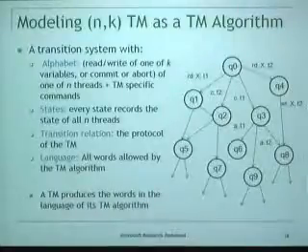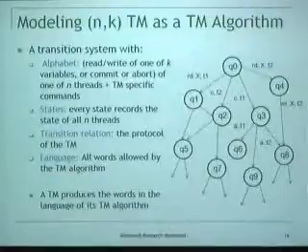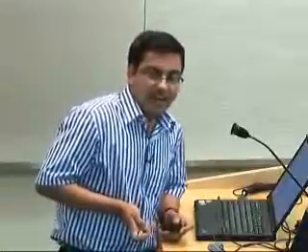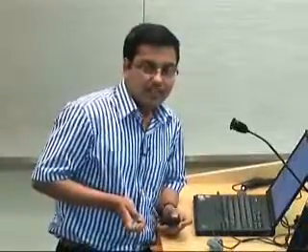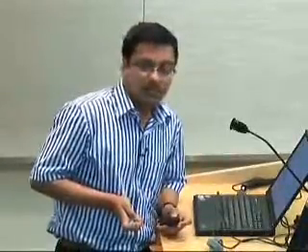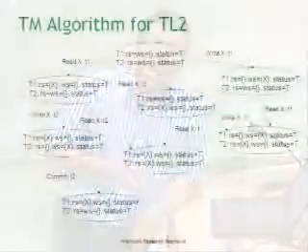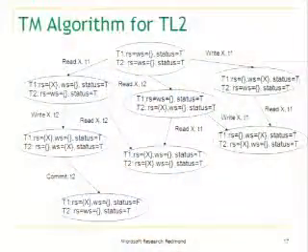And then we have states. Every state records the state of all the n threads. And we have the transition relation, which is actually the protocol of the transactional memory. We call the language of a TM all the words that are allowed by the TM algorithm. For example, a TM algorithm for TL2 would look like this.